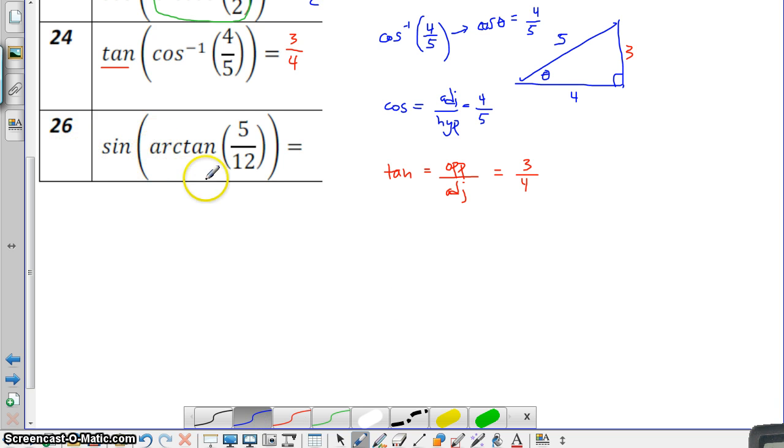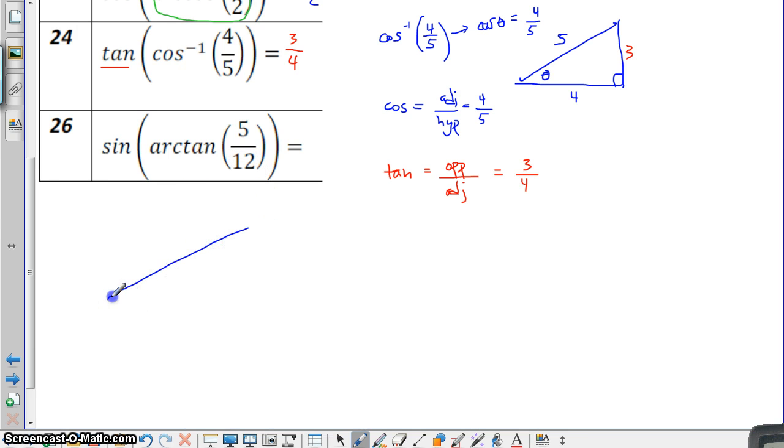So similar problem on the next, where I have an inverse tangent of something, 5/12, but that's not a common value. So I'm going to set up a triangle. Tangent, I know is opposite over adjacent.